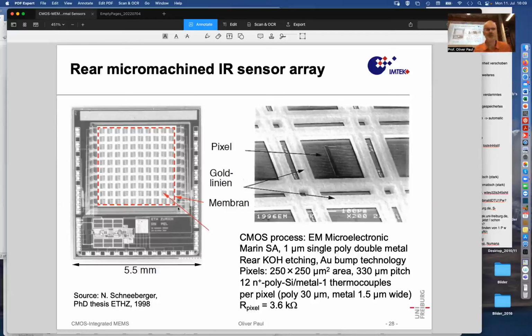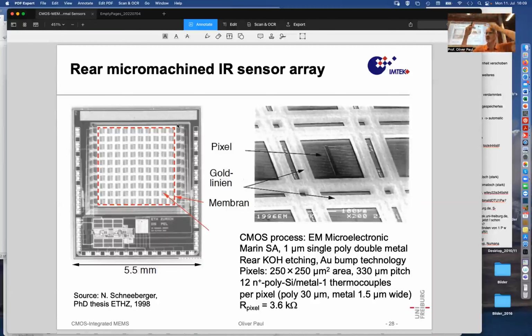And so the etching in this case was done from the rear of the wafer using KOH, etching away all the silicon through the wafer until the silicon oxide on the front from the CMOS layer stack was reached.